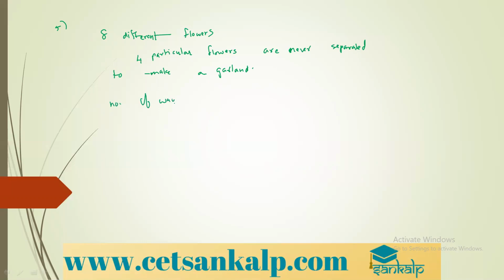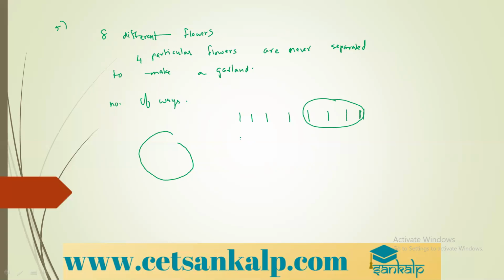Number of ways. So the garland will be like this. Because there are 1, 2, 3, 4, 5, 6, 7, 8 different flowers, and 4 particular flowers are never separated. They are together.